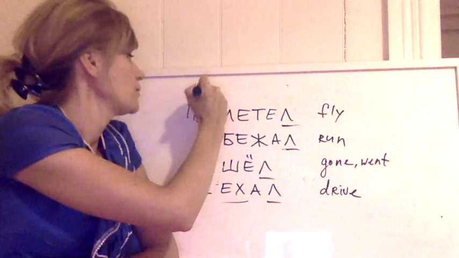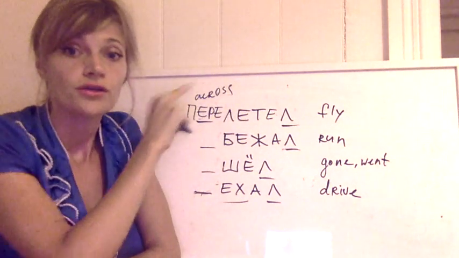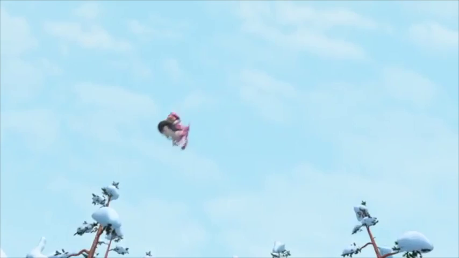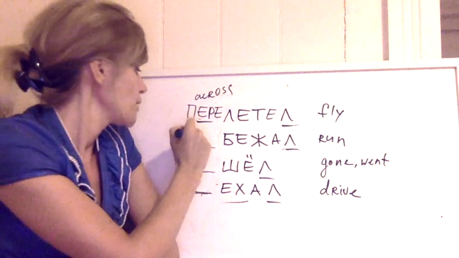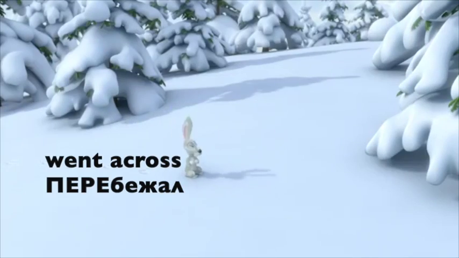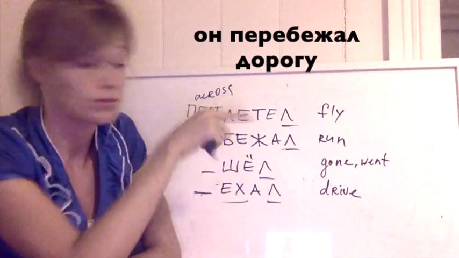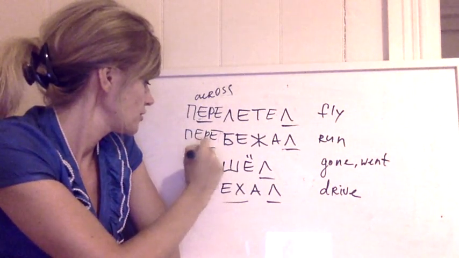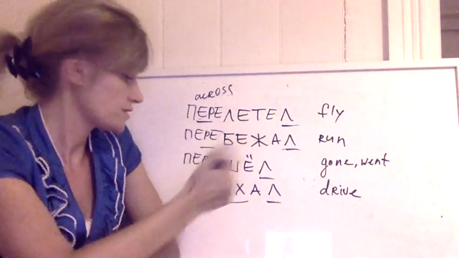Перелетел. Пере, in this case, means across. Перелетел, he flew over. Перебежал, ran across. Он перебежал дорогу. He ran across the road. Перешел, he went across.